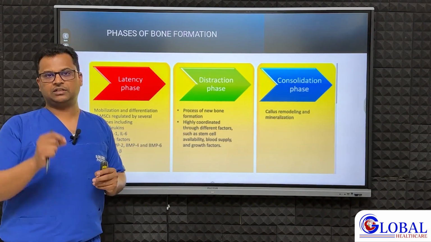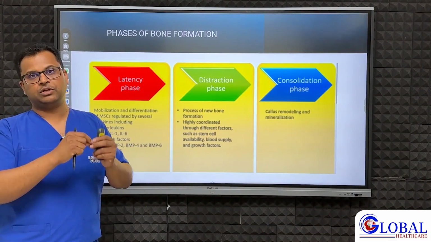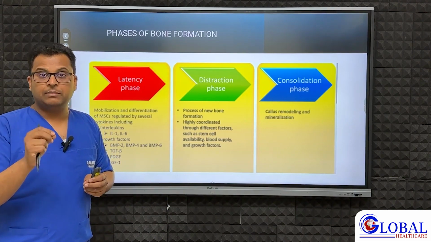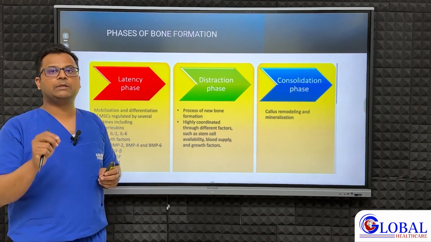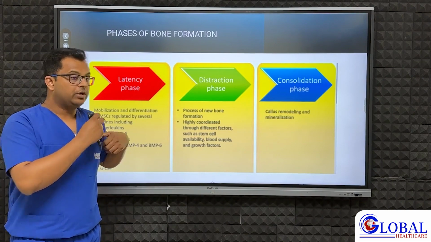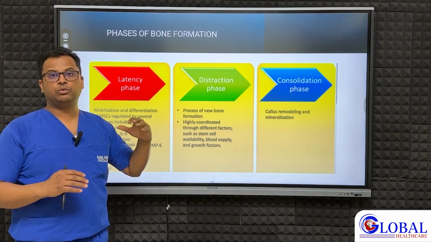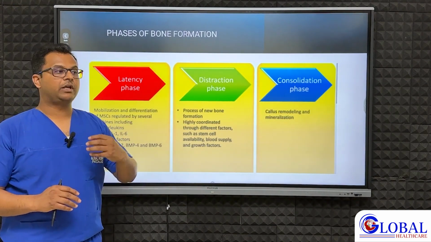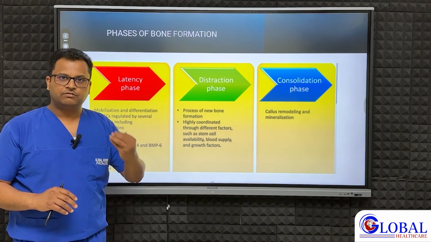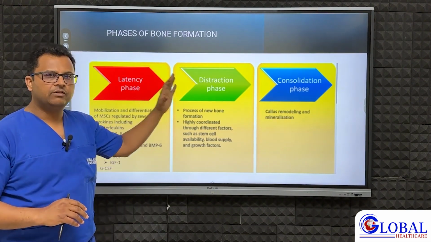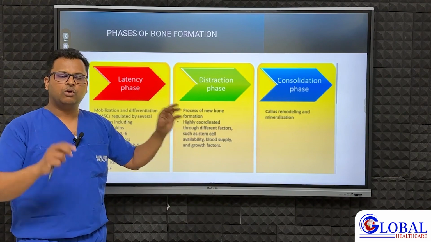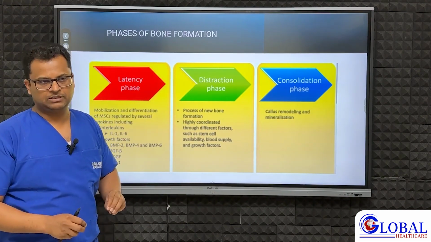In this distraction phase, there is a specific rate at which we need to distract. That is usually 1 mm to 1.5 mm, but we usually keep the pace at 1 mm per day. During this period, you need to take nutritious food, exercises, physio, rehabilitation, everything is very, very important, because during this phase, all new bone formation will take place.